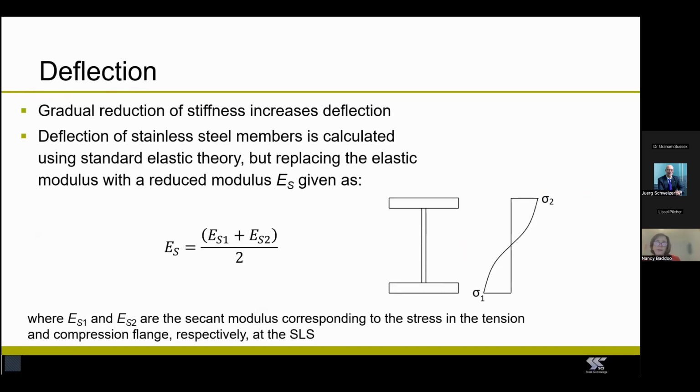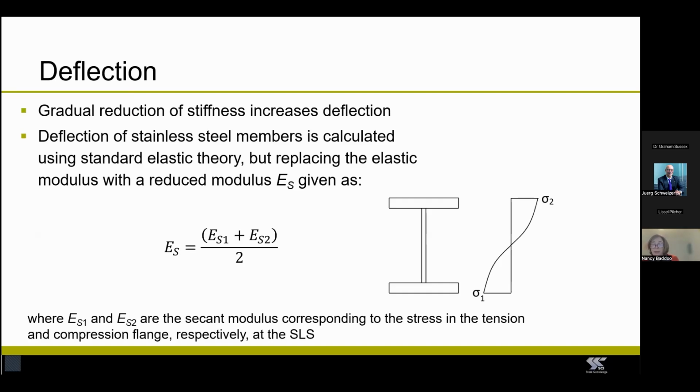So the gradual loss of stiffness exhibited by stainless steel before the yield strength implies that a stainless steel member will deflect more than an equivalent carbon steel member. It's not by a huge amount, but it should be taken into account. Most design codes recommend calculating the deflection of stainless steel members using the same traditional elastic equations that you use for carbon steel.